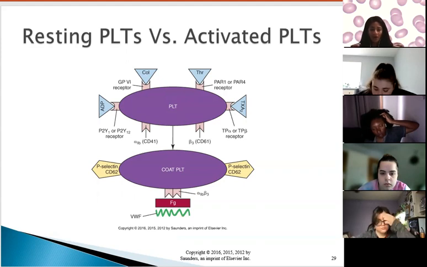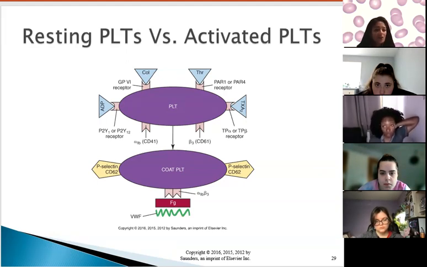If they are allowed to bind all the time, then we would be having clotting issues, right? So normally you're in a resting stage, okay? So there's no activation, there's nothing happening. They're discoid, they're biconcave, there's no phosphatidylserine, no P-selectin. The glycoprotein receptors are inactive, okay? They're there, but they're inactive.